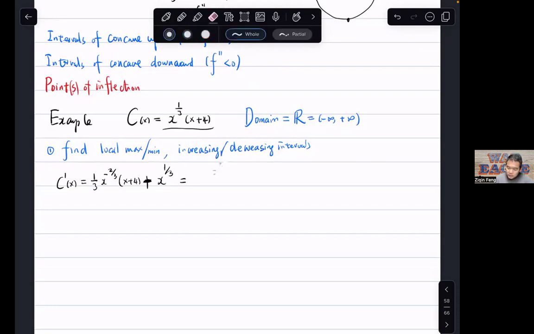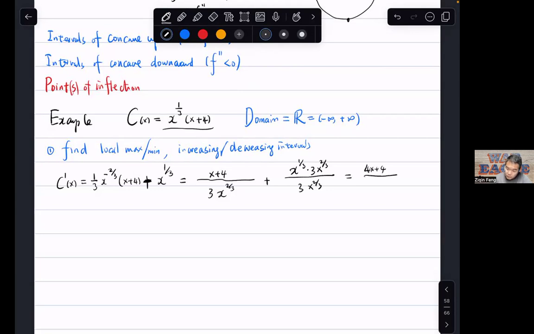Yeah, go to the denominator, right? So a big fraction here, x to 2 over 3 times 3, and x plus 4. Then plus, we want to take the common denominator, right? So you get x to 1 over 3 times 3 x to 2 over 3, over 3 x to 2 over 3, right? And so this is what? This is 3x plus x plus 4, so 4x plus 4 over 3x to 2 over 3, right?